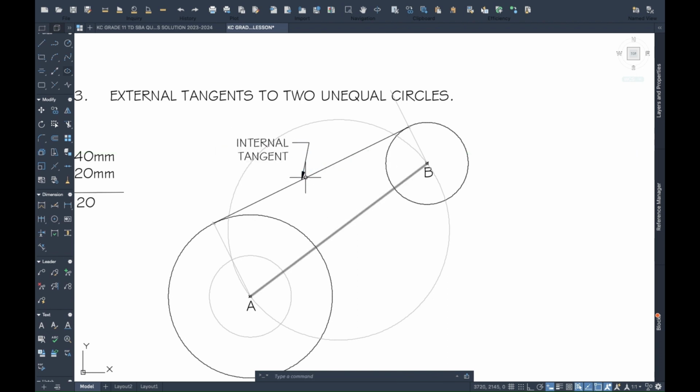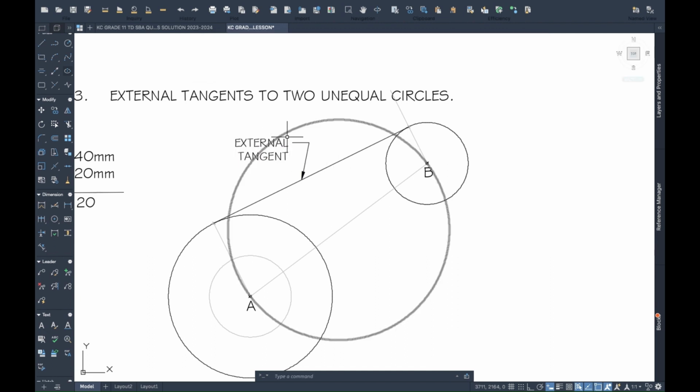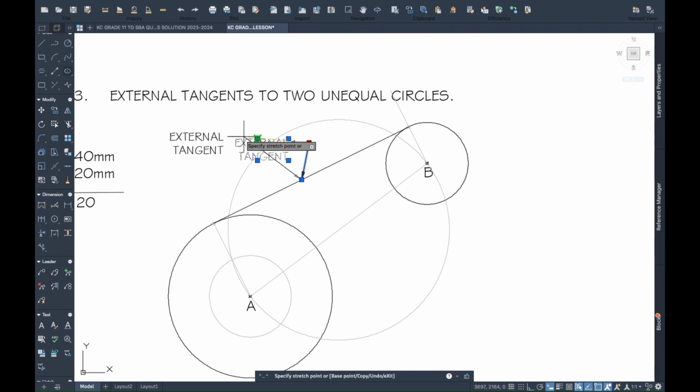All right, but this will be external. So this is our external tangent. Let me drag this a little bit further out, like that. All right. So this now would be our external tangent.